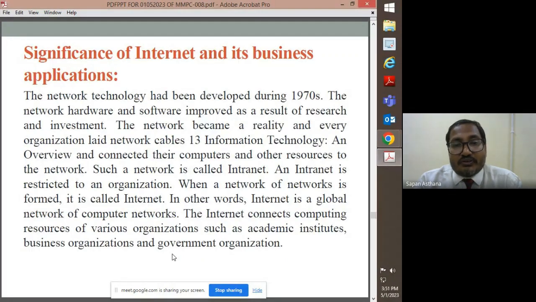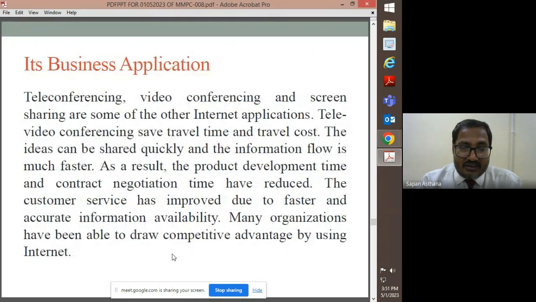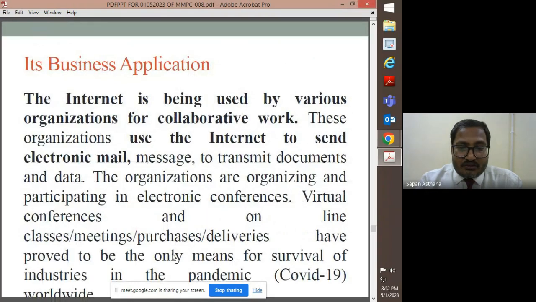And significance of the internet and its business application. You all know, no doubt, in the current modern era, the internet and its business application is much more compared to the earlier days. In business application, the internet is being used by various organizations for collaborating work.